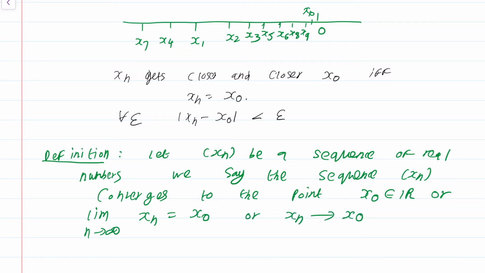We will use both notations, limit n going to infinity xn equal to x0 and xn converges to x0.